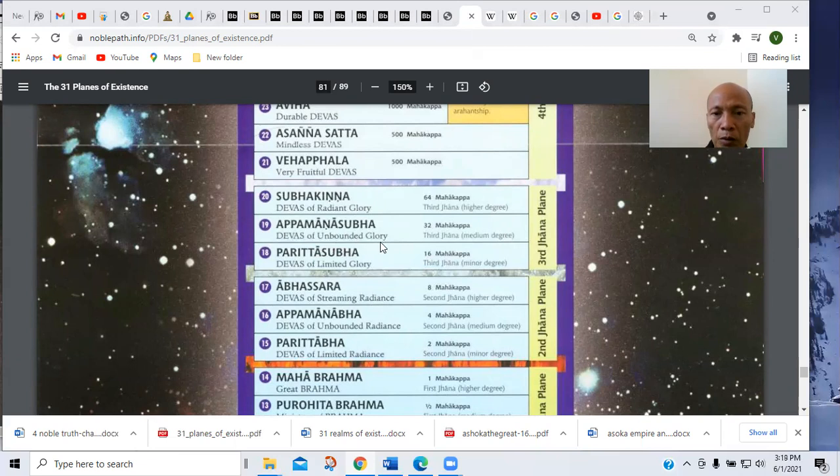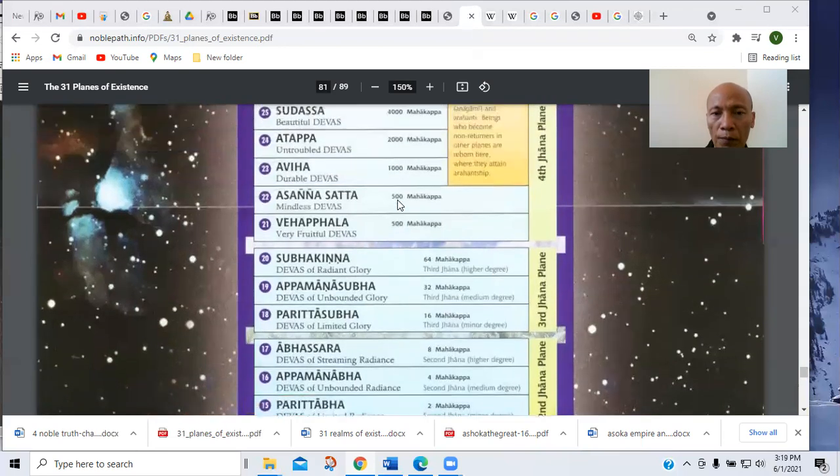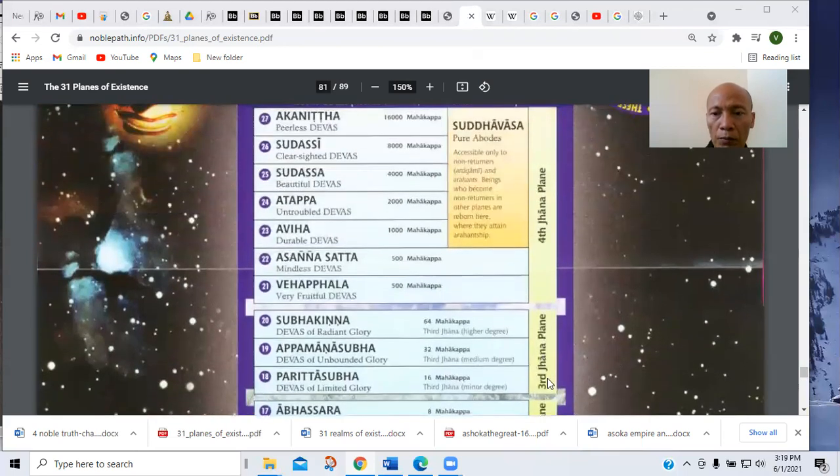Devas of unbound glory live up to 32 Maha Kappas. Devas of radiant glory, their lifespan is 64 Maha Kappas. That is the third jhana plane. And the next one is the very fruitful devas.